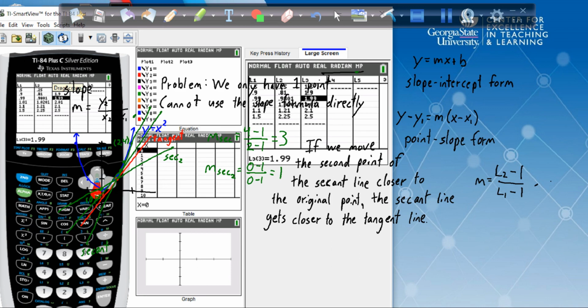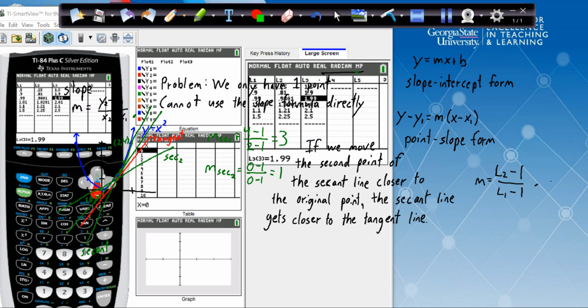And as we come from the other side, it's going down to 2. So both sides are approaching 2. Okay? So looking at that, what would you say the slope of the tangent line is? 2. We'll say our slope is 2. And this is the slope of the tangent line here.